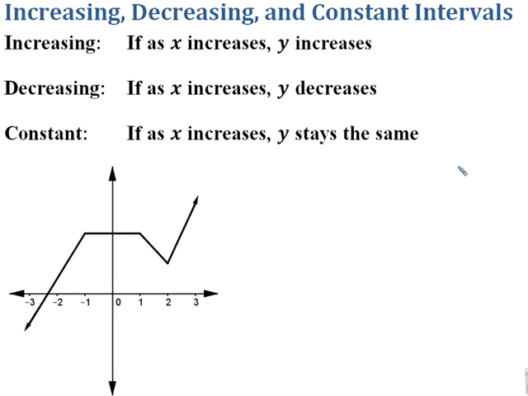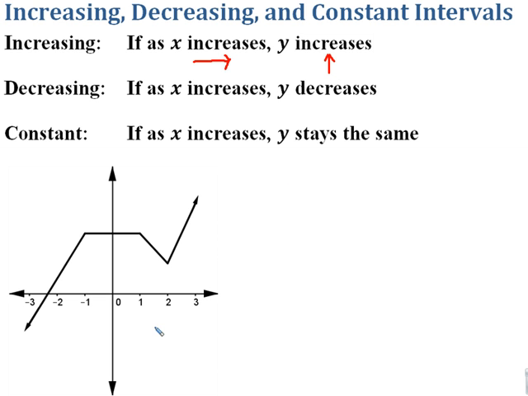The next way we can describe a function is by determining if its intervals are increasing, decreasing, or constant. We'll say a function's increasing on an interval if as x increases, meaning as x goes right, y also increases, so goes up.